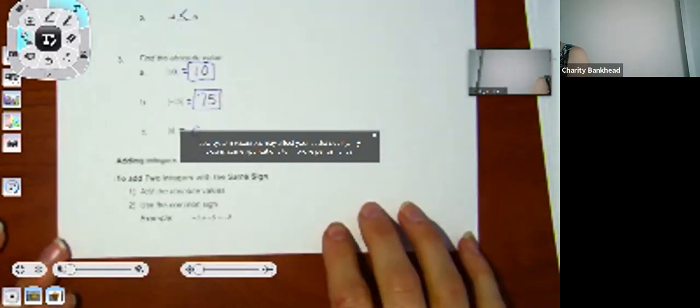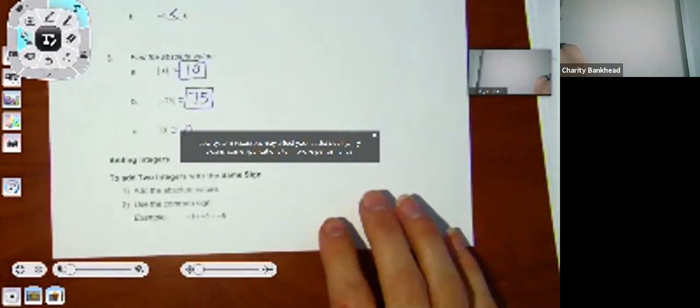All right. To add two integers with the same sign, add the absolute values and use the common sign. So for example, negative 3 plus negative 5 equals negative 8. All right.